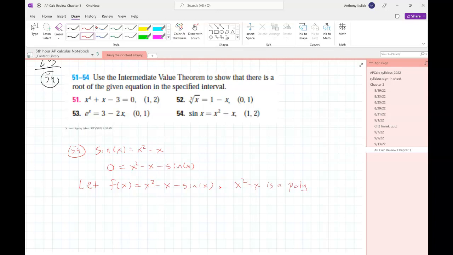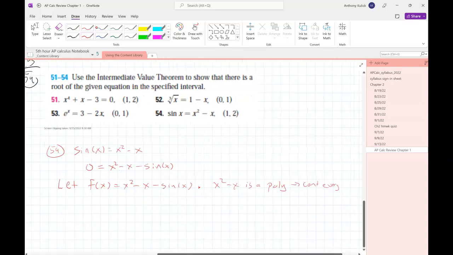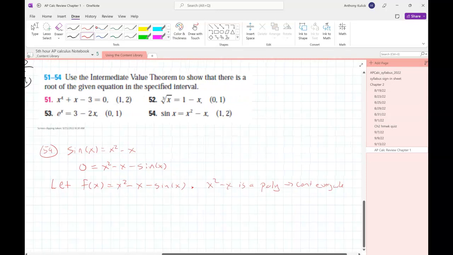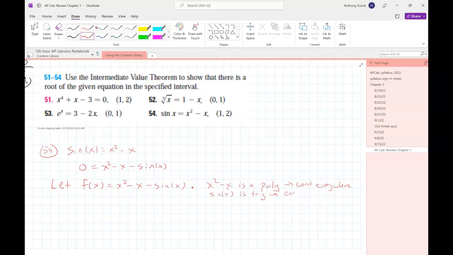So x squared minus x is a polynomial, which I know is continuous over its entire domain, which would be everywhere. And sine x is a trig function, and I know that's continuous over its entire domain, which again is all real numbers.